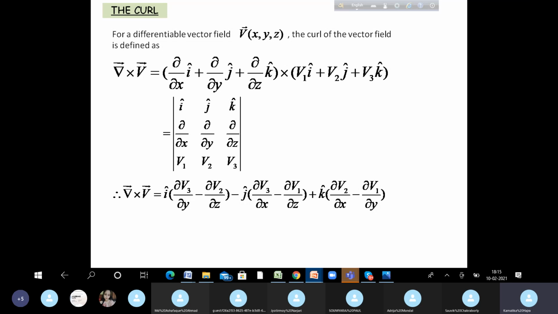We discussed this in our last class. Similarly, there is a special name when the curl of a vector is 0. When the curl of a vector comes out to be 0, just like we found that the curl of the position vector is 0, the vector field is called irrotational.